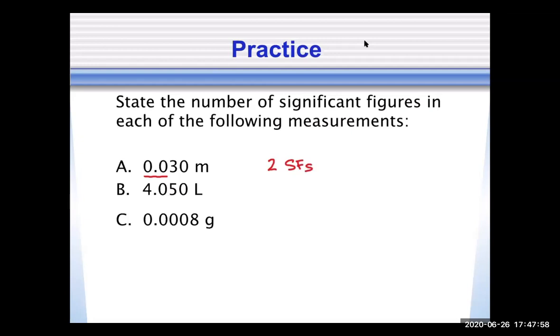B is 4.050. We have a sandwich zero and a trailing zero with a decimal. So all of them count there for significant figures. And on C, we have 0.0008 grams. Those are all leading zeros. They are not significant, so 1 significant figure.